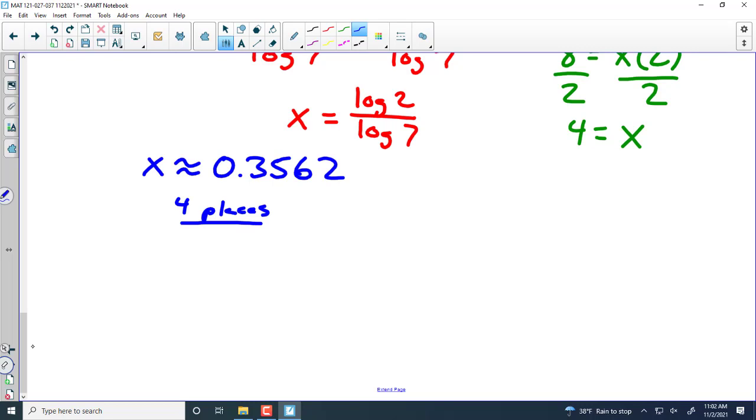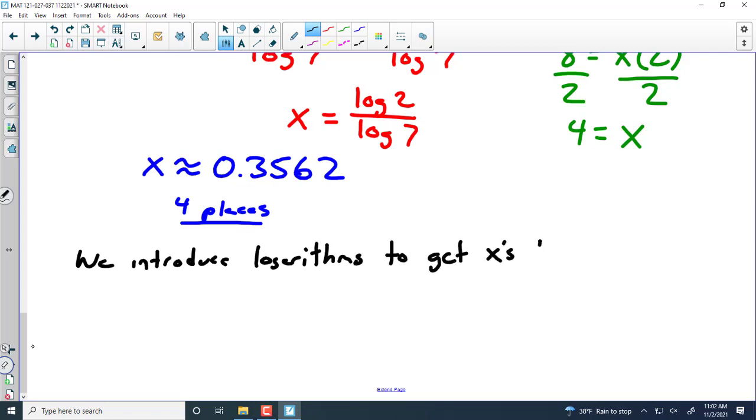Why would we introduce logarithms into a problem when it doesn't have logarithms? We introduce logarithms to get x's down from the exponent.